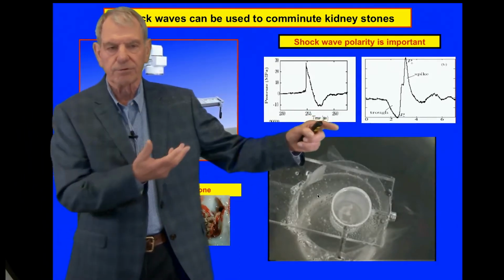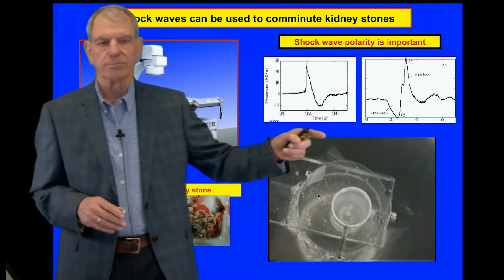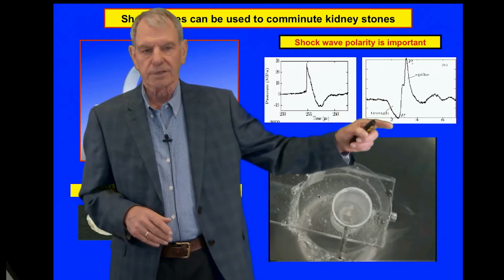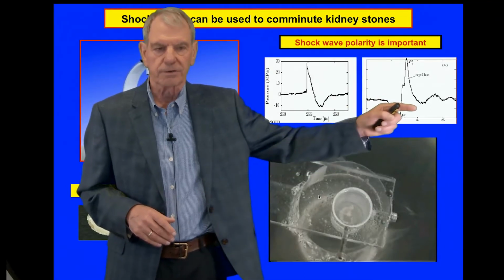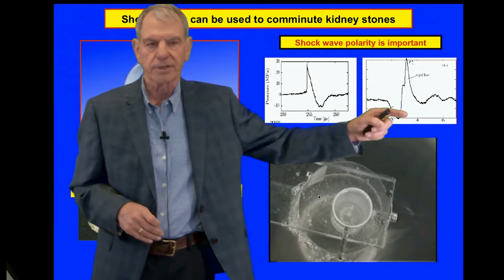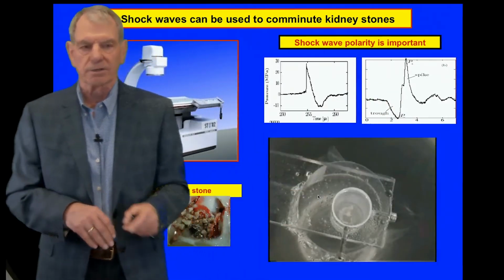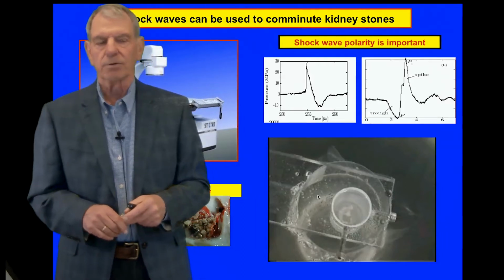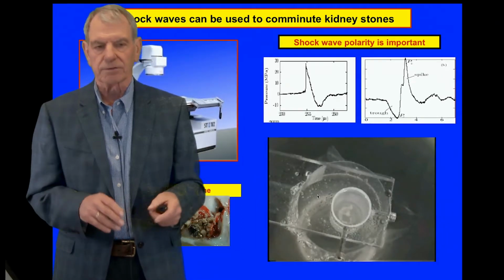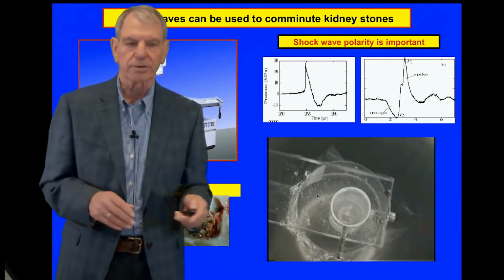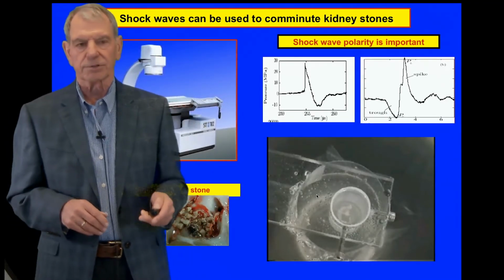Interestingly enough, if you reverse the polarity, which you can do by reflecting off a pressure release surface, and have the negative pressure first and the positive pressure after that, this polarity will not break up a stone at all. And in fact, it won't even do a single thing to the stone. And so that implies that cavitation is a very important criterion or mechanism for stone comminution.